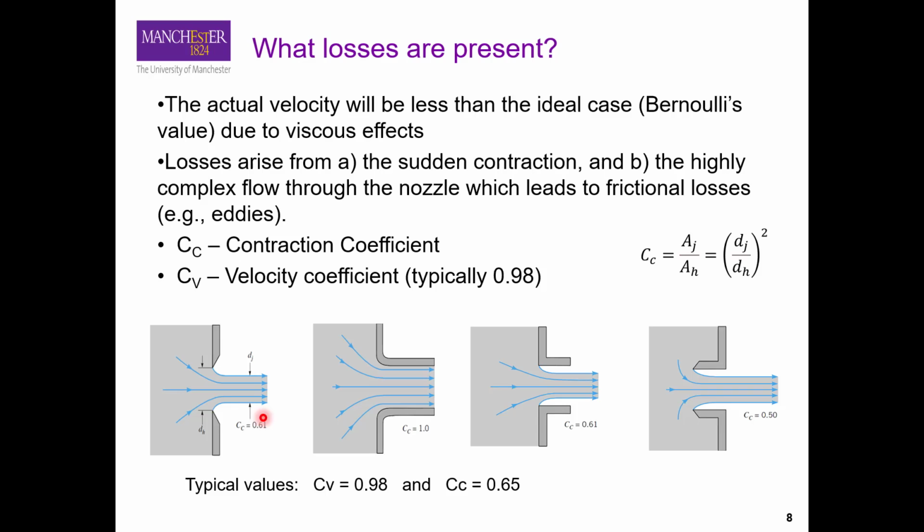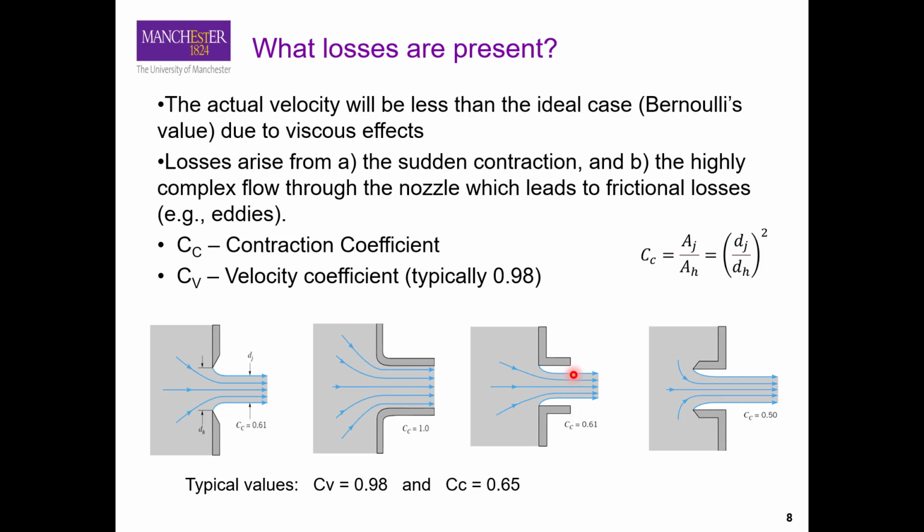Okay. And as you can see here, the contraction coefficient is the ratio of the area of the jet to the area of the hole. So the area of the jet is here and the area of the hole is here. If you take the ratio of the two, you get the value of the contraction coefficient.